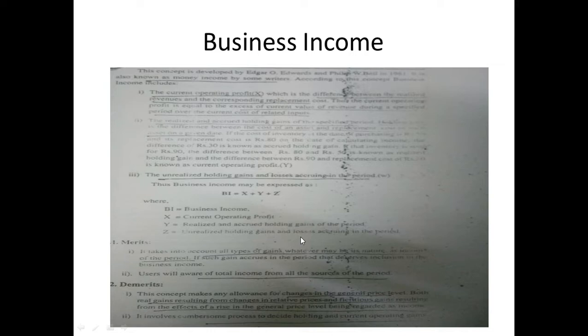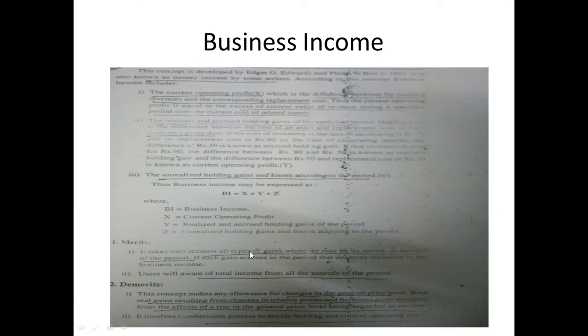Okay, so in business, whatever I have expected is also taken as business income. Keep in mind, business income is not taken into financial accounting because it talks about holding gains, unrealized and realized gains. What are the merits and demerits?